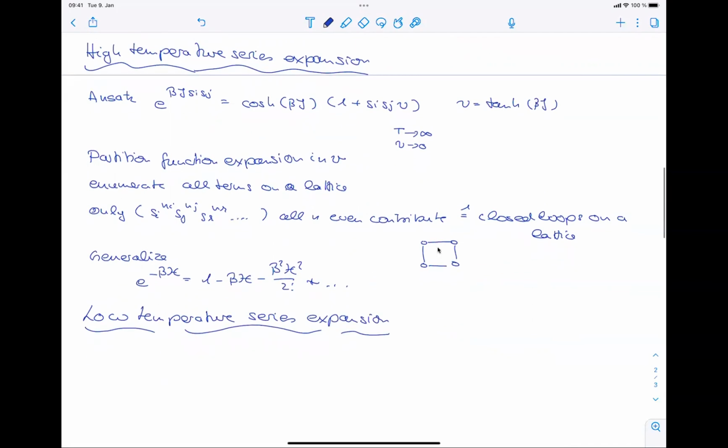And here the answer was to say, I know my ground state, and I want to look at what happens if I add perturbations to my ground state. So that means for the partition function, that I have a ground state partition function.